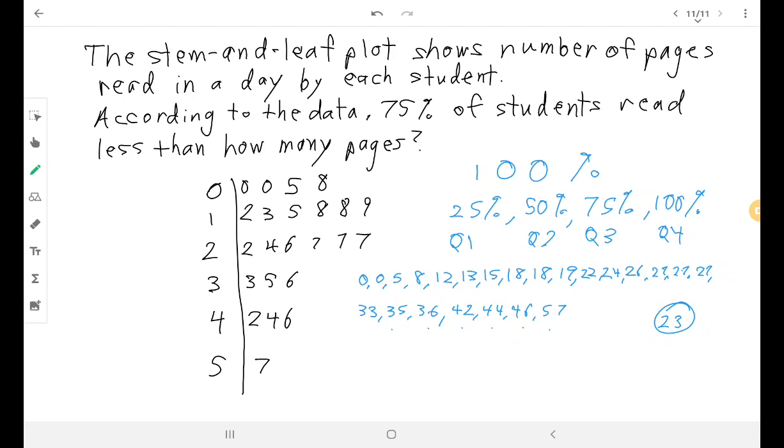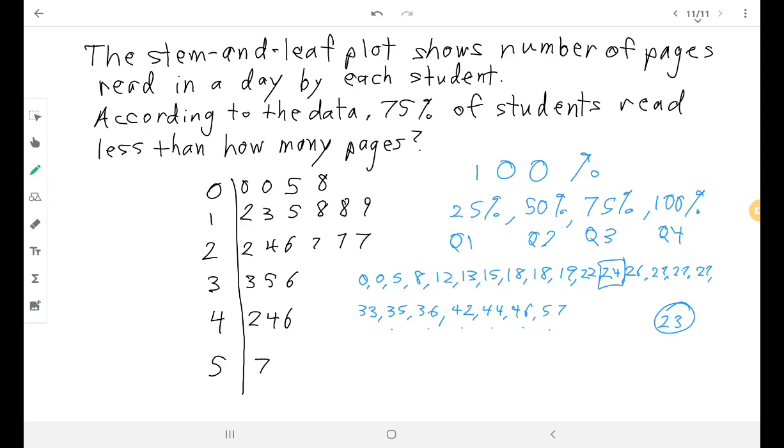So 23 of them, meaning if I put 11 on each side, that would be 22, and then I'd have the middle number. So if I count the first 11, then the 12th one will be my median. 1, 2, 3, 4, 5, 6, 7, 8, 9, 10, 11, 12. There's my median, my Q2.